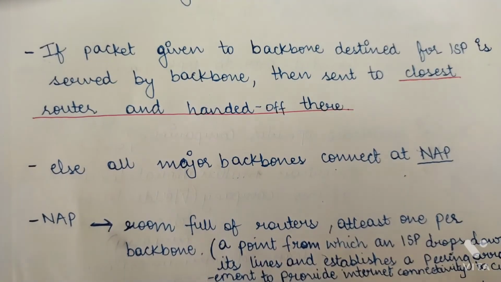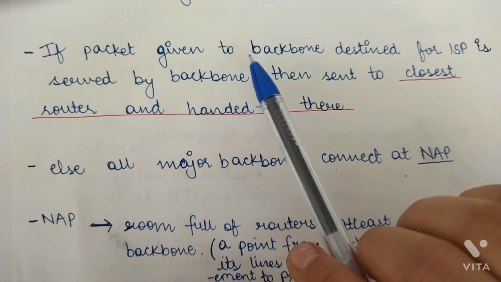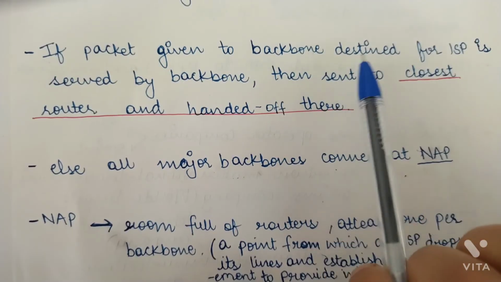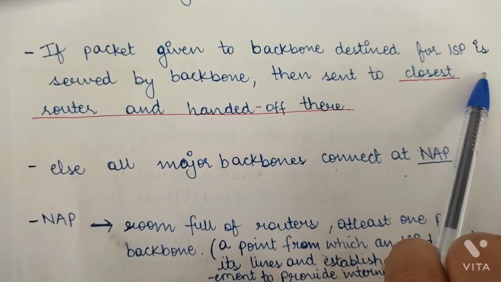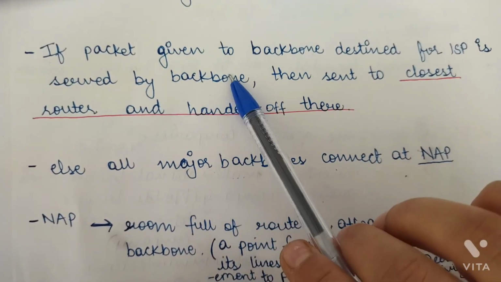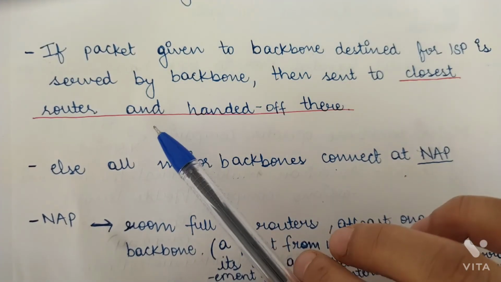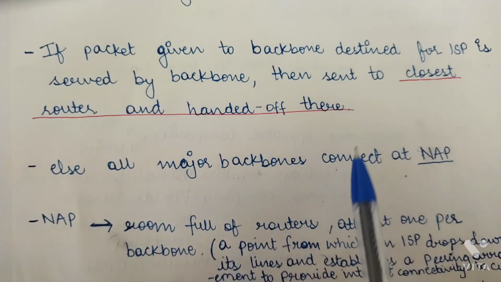So this is what it says here, that if the packet is given to the backbone destined for the ISP which is served by the backbone, then it will send it to the closest router and the packet will be handed off there.